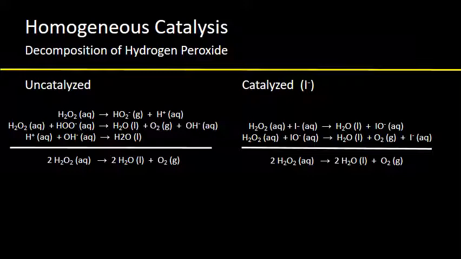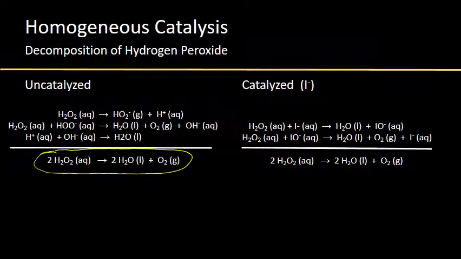All right, let's look at another homogeneous catalysis. I didn't mention this on the last page, but the chlorine is a homogeneous catalyst because the reactants were gases and the chlorine is a gas, right? The same thing is true here. This one is in solution, however, and here we're looking at the decomposition of hydrogen peroxide.